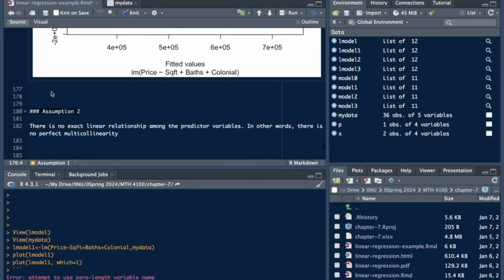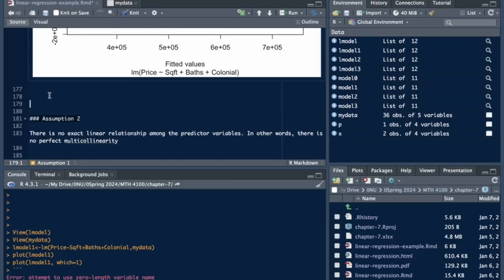So we conclude that, in the linear regression analysis, the linearity assumption was assessed, and we found that it's met. The relationship between the price, square foot, baths, and colonial style can be captured by a linear model. So this is exactly what we are going to write down.